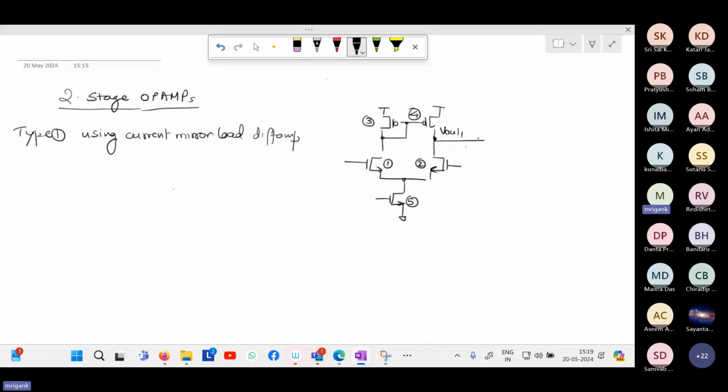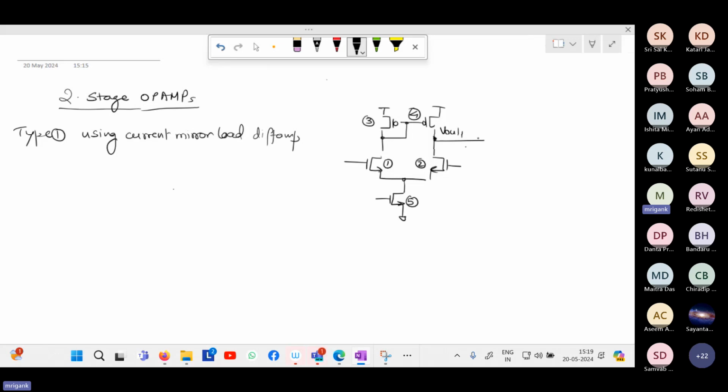But the question here is, what kind of common source amplifier should I put? If it is an active load common source amplifier, then what kind of input device, PMOS input device or NMOS input device? There are two options, right?